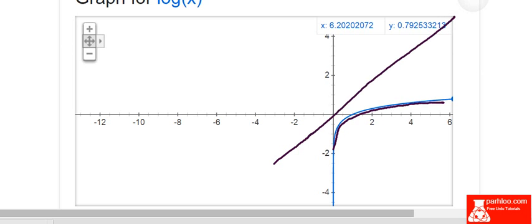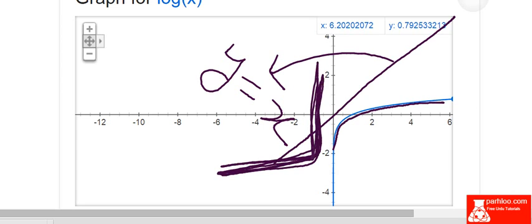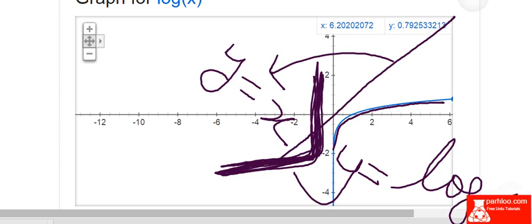Simple x की curve rises like this. So this curve y is equal to x will always be greater than, just remember it people, इसको याद रखें, will always be greater than the curve or the function log of x.